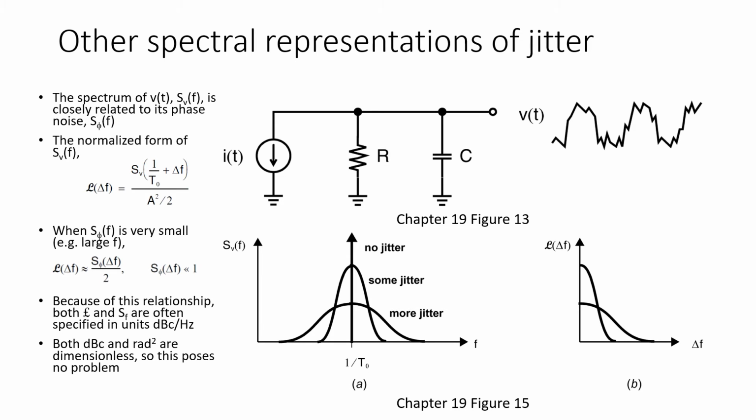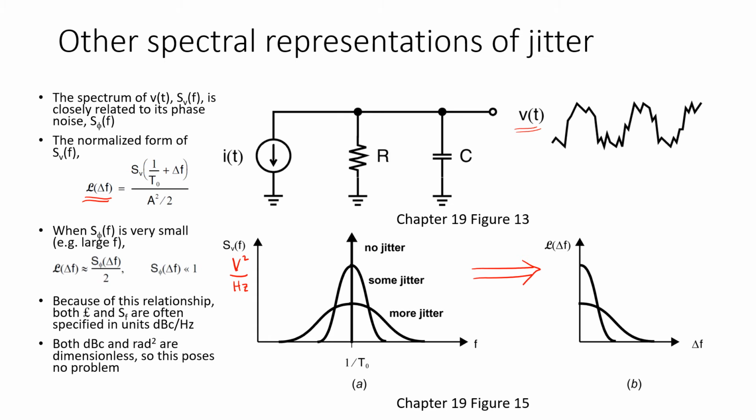Before we get there, let's recognize that SV should have units of volts squared per hertz, since it's the spectral representation of a voltage waveform V(t) here. And to remove some of the ambiguity, we often will normalize SV and plot instead a normalized version of it, where this subscript, script L, is usually used as the symbol.